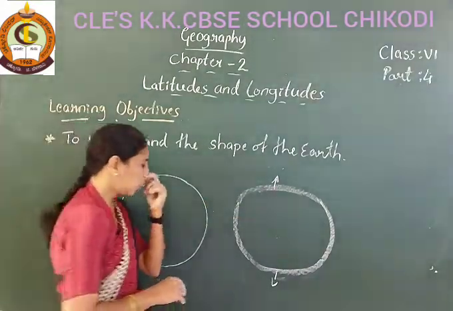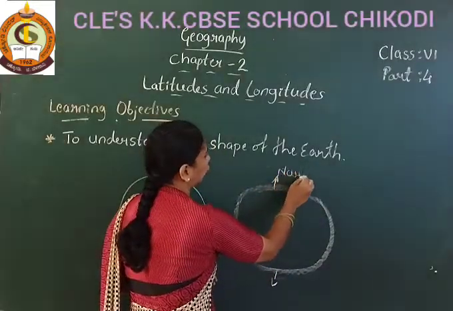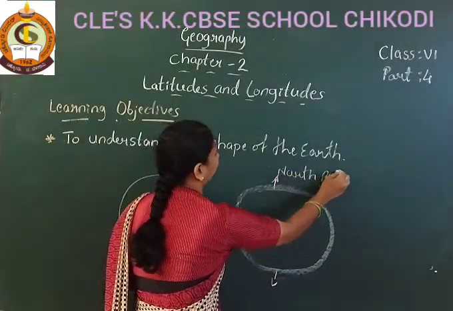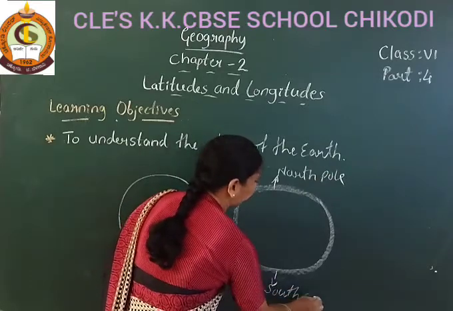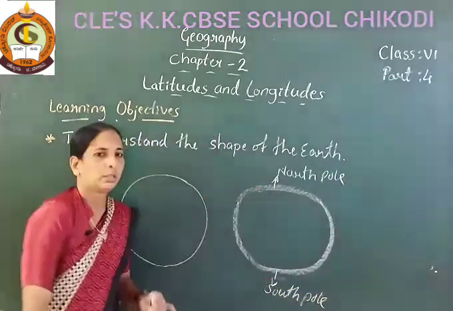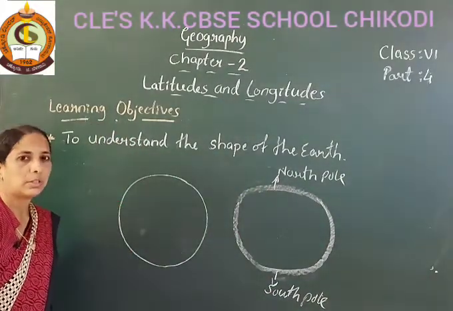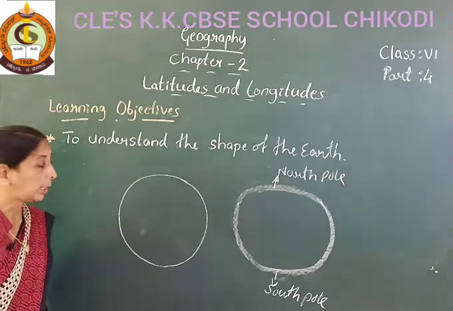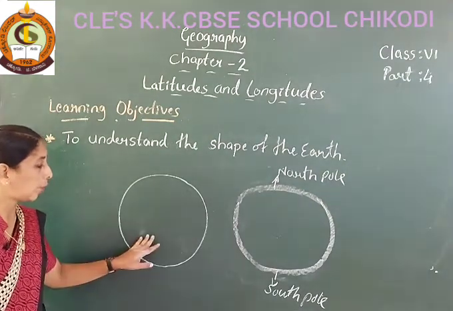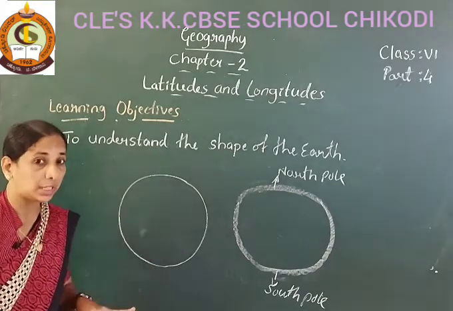This top part is identified as the North Pole, and the opposite is the South Pole. So what is the shape of the earth? The shape of the earth is spherical. Ferdinand Magellan proved that the earth is round in shape.